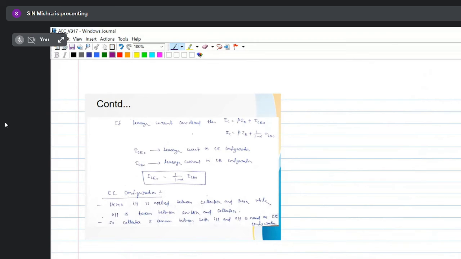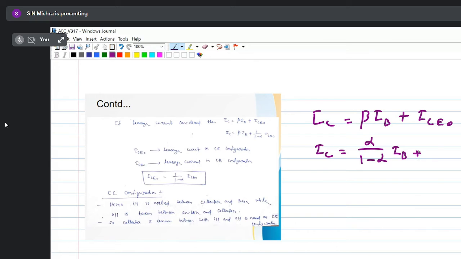Now if you consider leakage current, so IC equals to beta IB plus leakage current. So leakage current I'll write here ICEO. As I told you, for common emitter it is ICEO. Now we again compare IC equals to, here what we have got, alpha by 1 minus alpha into IB plus 1 by 1 minus alpha into ICBO.